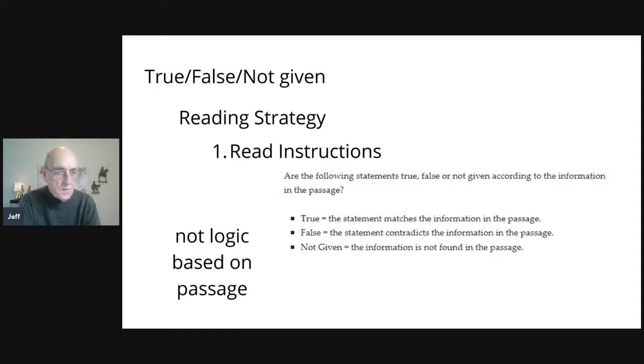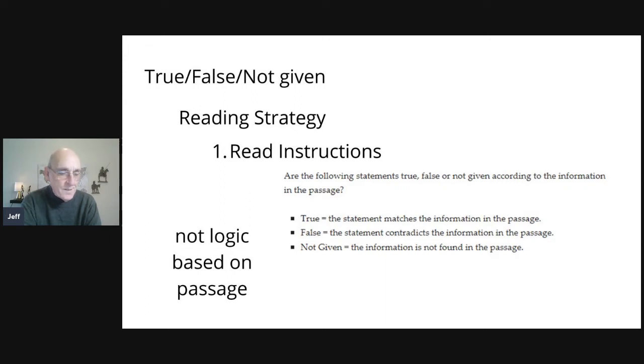So let me tell you, first of all, when it comes to the reading section, and especially true, false, not given, your answers are not based on logic. They're not based on your experience, your opinion, or any prior knowledge that you may have on the topic. They are based completely on the passage. This is just one example of why it's so important to read the instructions, because if you read the instructions, this will be made clear to you.